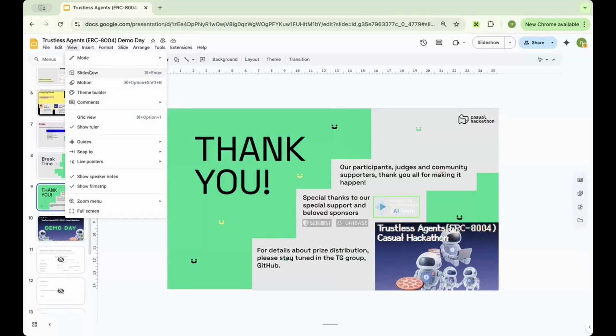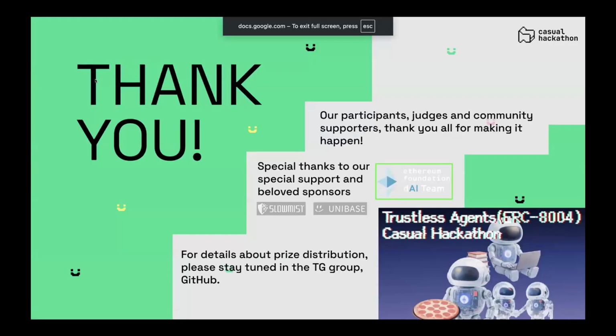Okay, we arrived at the closing part. Here are thanks to all the participants, judges, and our community supporters. Thank you all for making it happen. Also special thanks to our special supporters and beloved sponsors: Ethereum Foundation, DAI team, Slow Mist, and Unibase.